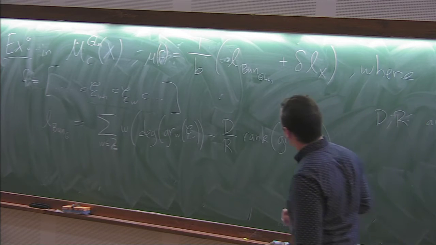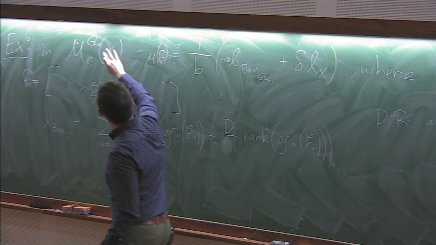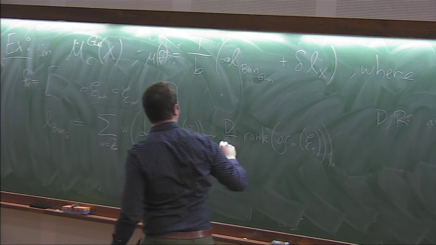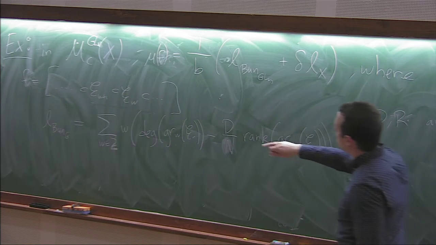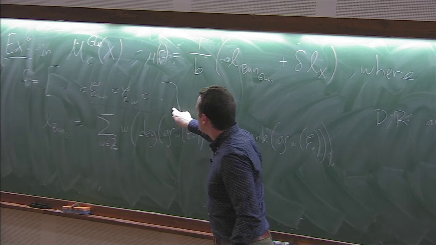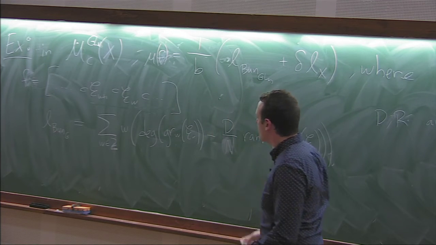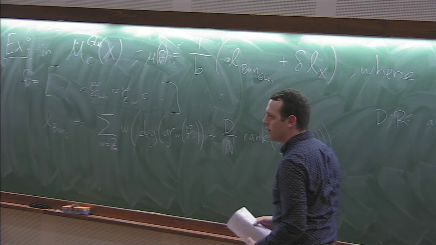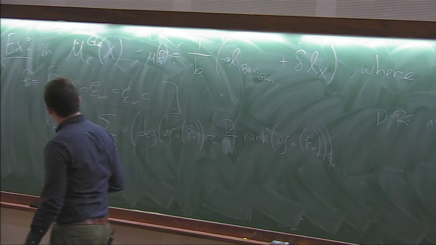So r is really n, because I'm in GLn. So n is the rank of the full bundle, and d is the degree of the underlying bundle. So you have the rank and degree of the underlying bundle, and then you have this number that you construct from the filtration with the weights. The key thing is that this is a function of the weights.